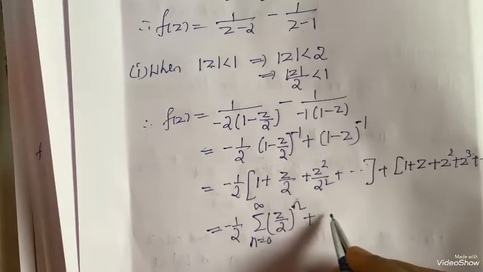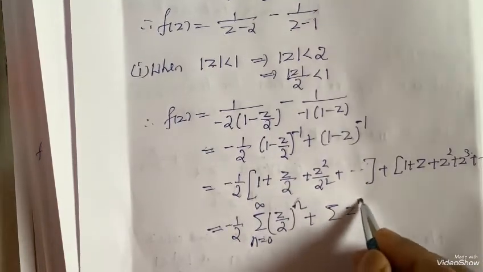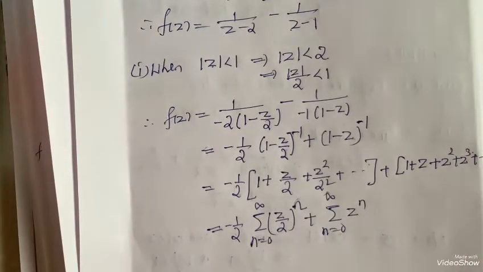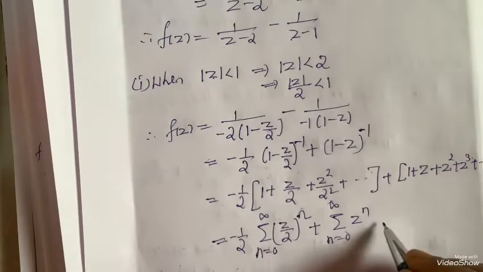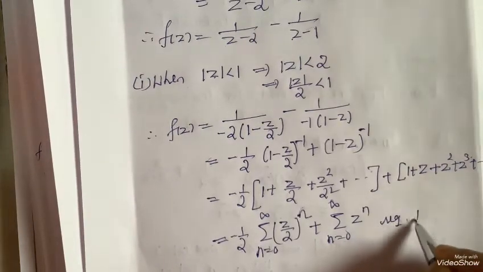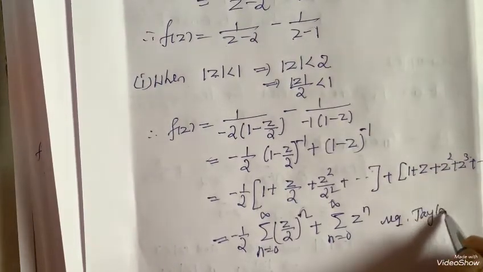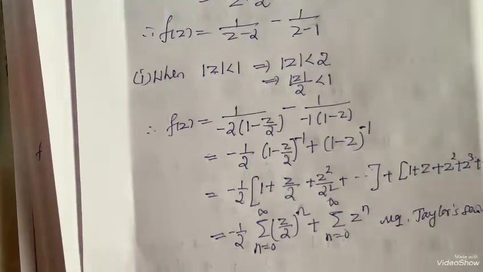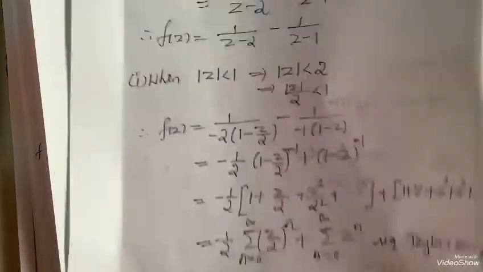Plus the second one, summation z raised to n, n from 0 to infinity. So it is over. This is the required Taylor's series, because the powers of z are both positive here.